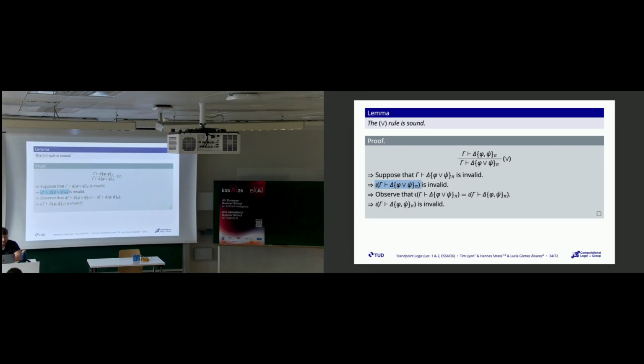And one thing that we can recognize, since commas are interpreted disjunctively on the right-hand side of nested sequents, the formula interpretation of the conclusion is actually identical to the formula interpretation of the premise. And so it follows then that the premise must be invalid as well. So the soundness of this rule is quite simple to show.